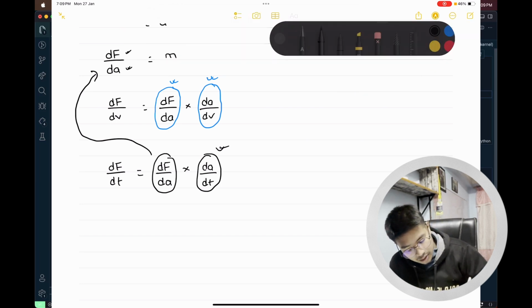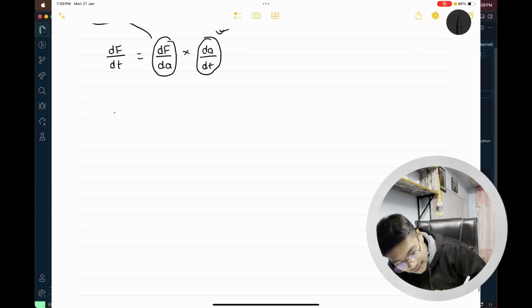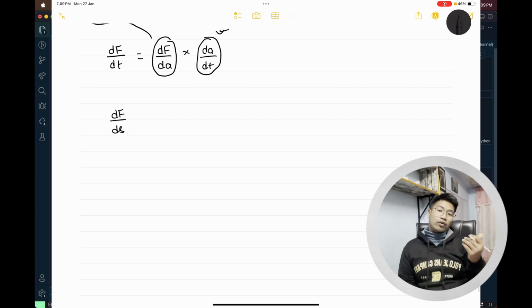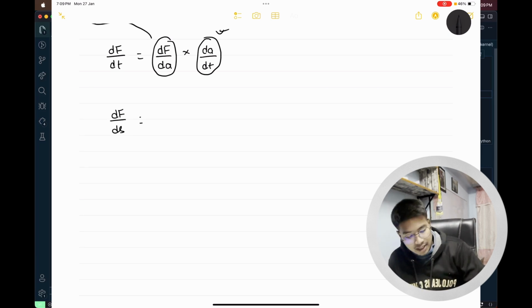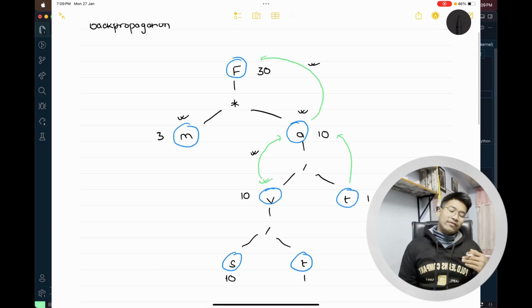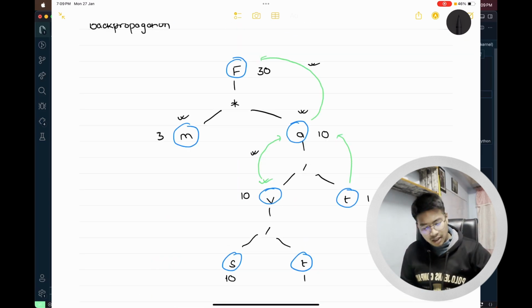So good. Let's move on and see another variable, that is how your distance will affect your force. Over here we have gone three items deep.